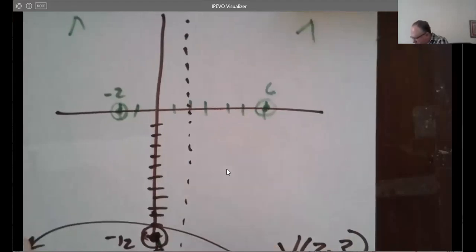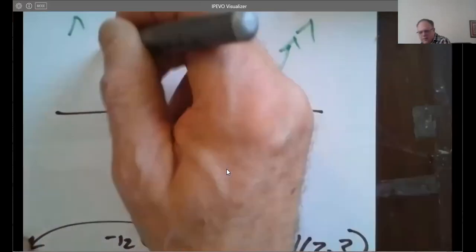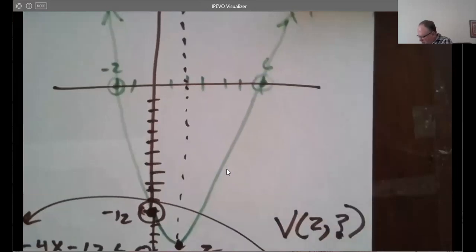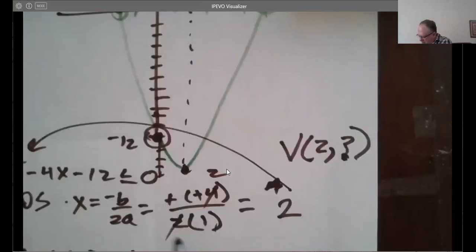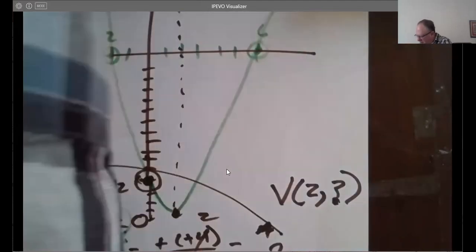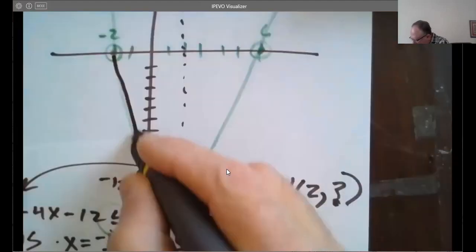So this will be like this, come up like this, right? Come like that, okay? And we want the x values that are greater, or no, less than, I'm sorry, less than. So we're looking at all the x values that are less than in our graph, all these.